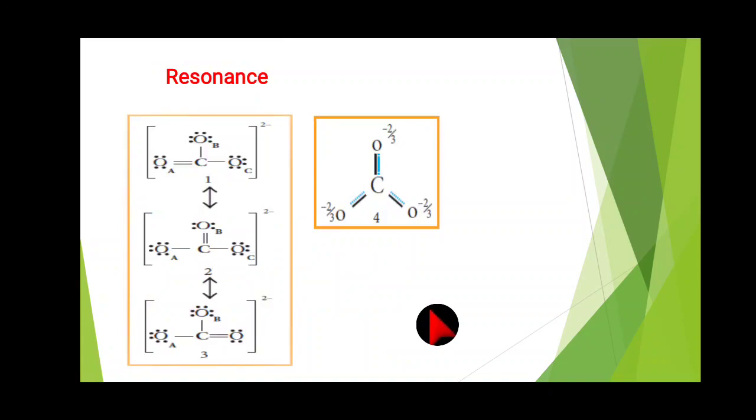Now let me see resonance. Let us consider the Lewis structure of carbonate ion, CO3 2-. Three types of structure we can give, that is called resonance. The fourth one is somewhat different from the first three, right?